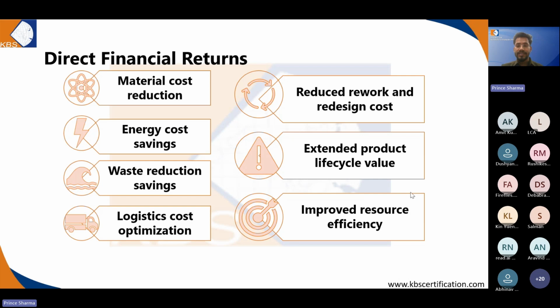Coming to our waste category, reducing the scrap, rework, and disposal cost, which average 3 to 7% of the revenue in manufacturing. LCA pinpoints where the root cause of the problem is, and you can target it.